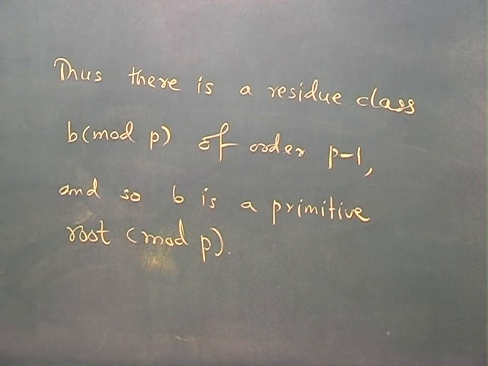The number of primitive roots mod P means the number of distinct, incongruent elements mod P whose order is P minus 1.